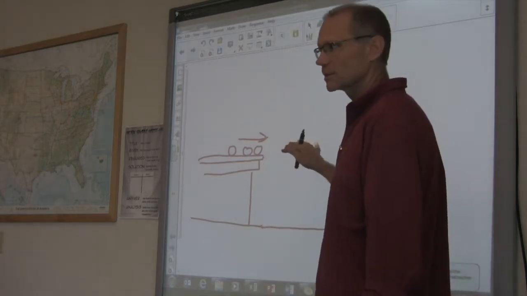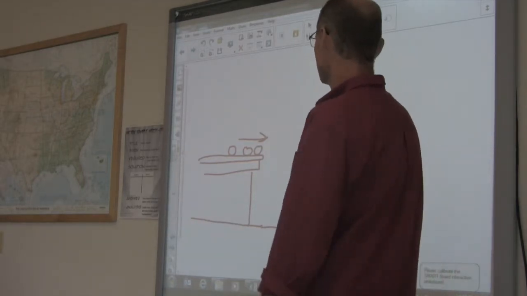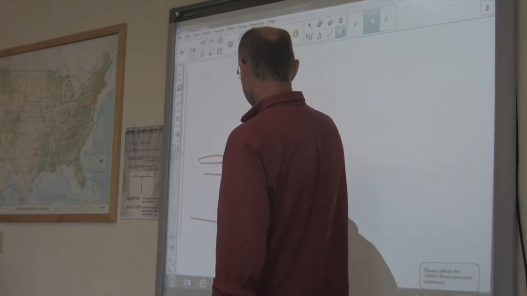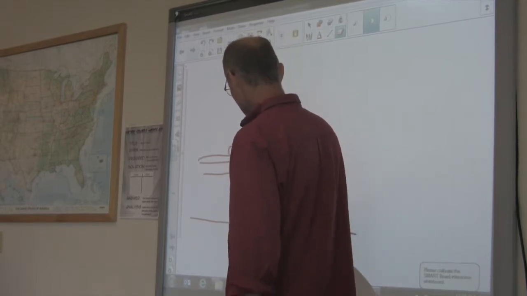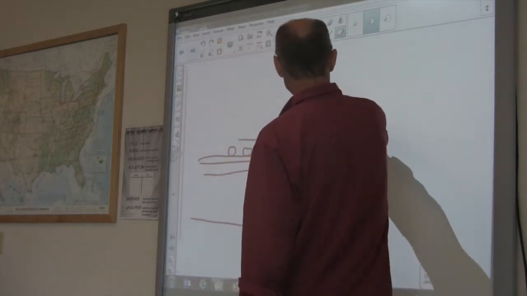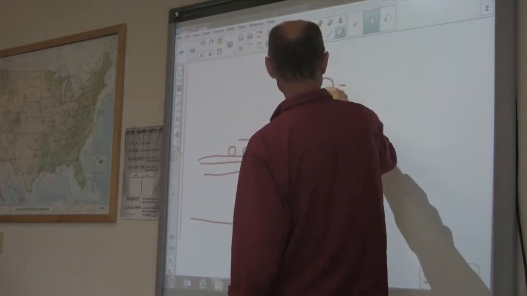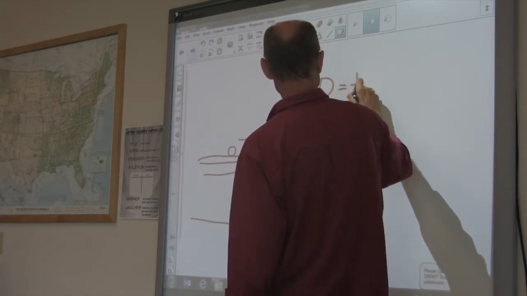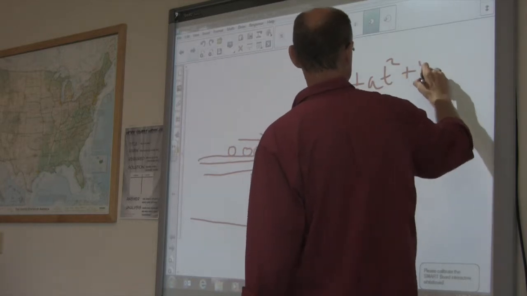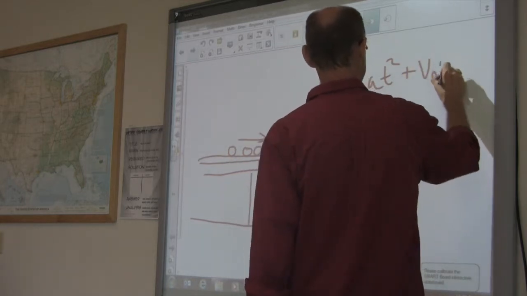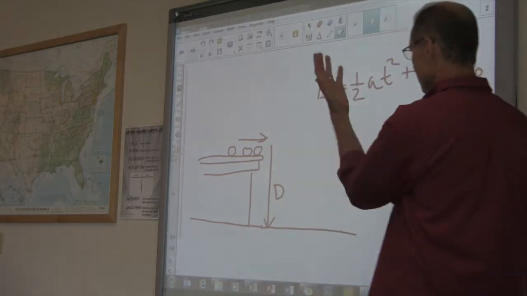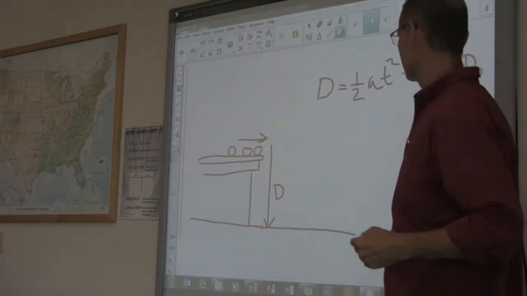People took these measurements, did the graphical model, or the mathematical model, and you're going to see that the amount of time that it takes, so we're going to call this d, okay, and this is the formula, d equals 1/2 the acceleration due to gravity times time squared plus v0 in that direction times t plus d0. So this is the classic physics equation for any sort of falling object.